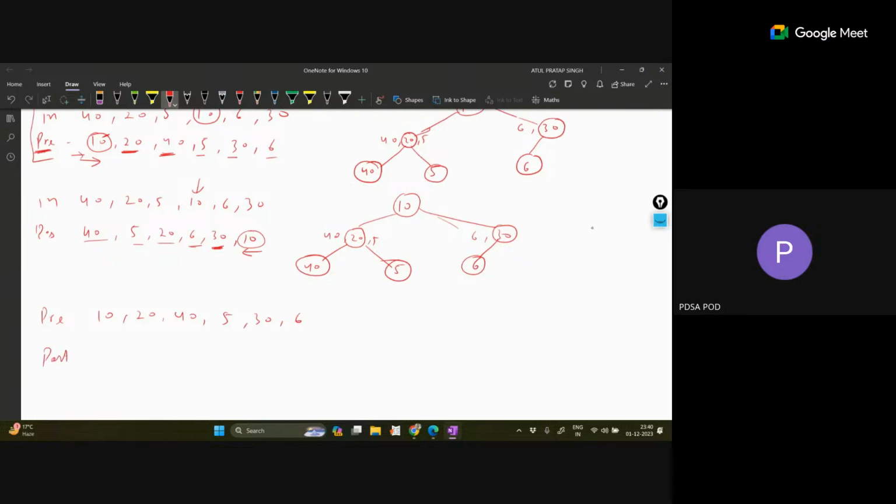Post: 40, 5, 20, 6, 30, and 10. These two orders are given. So in this case, there is a chance to develop a different tree, but you will get the same order: pre-order, in order, post order, but the structure may change if pre-order and post order are given.